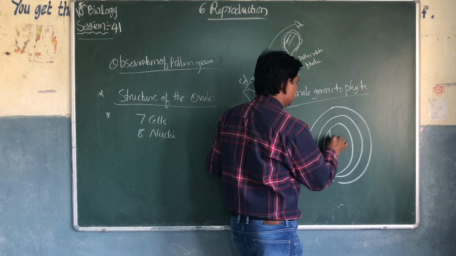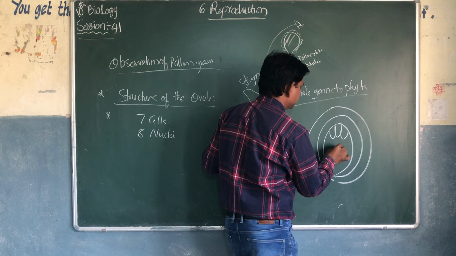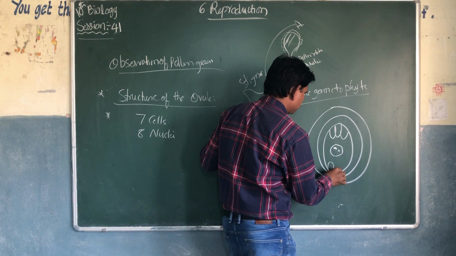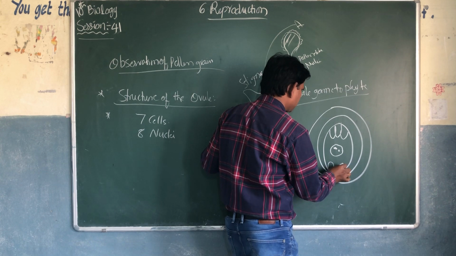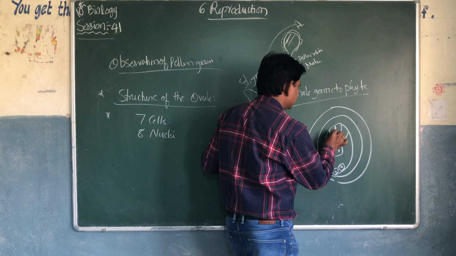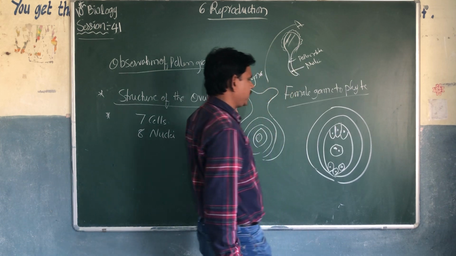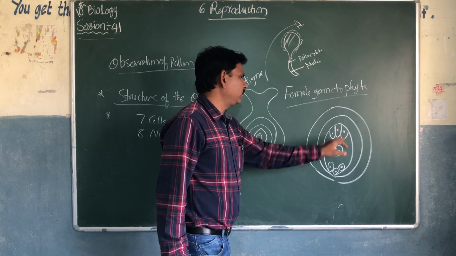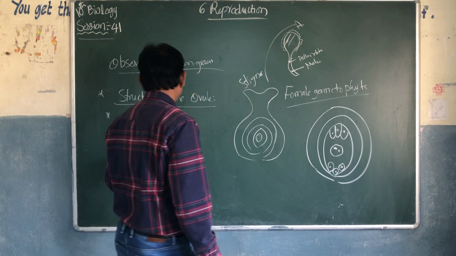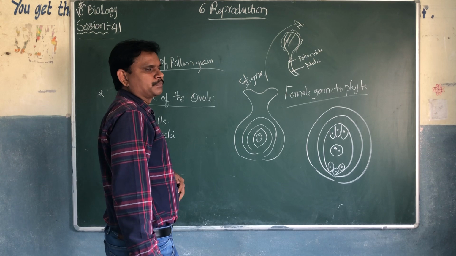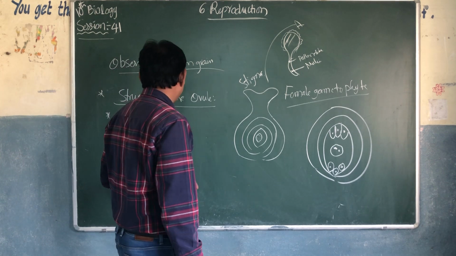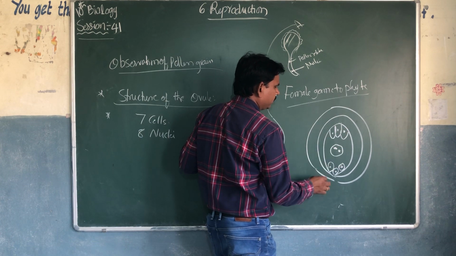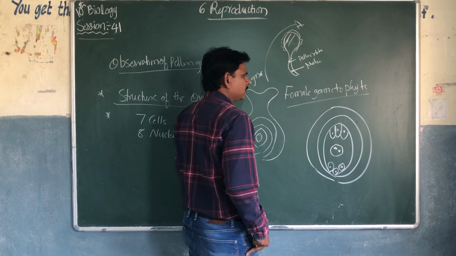It will divide like this. In the embryo sac of the female gametophyte you can see the structures: 1, 2, 3, 4, 5, 6, 7 cells inside, and they have 8 nuclei.